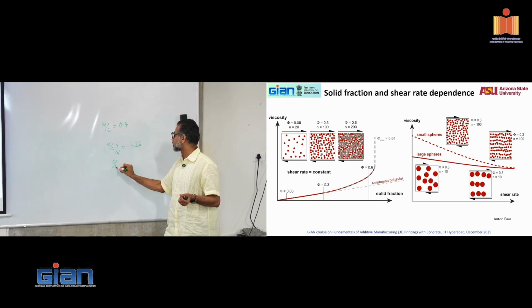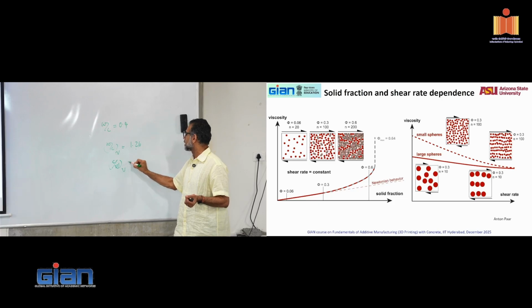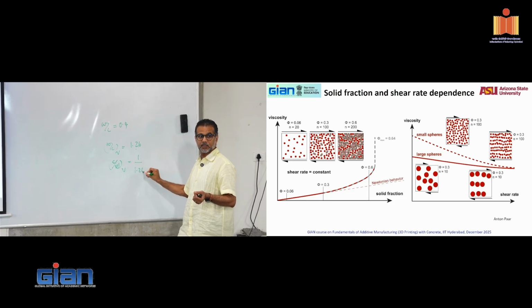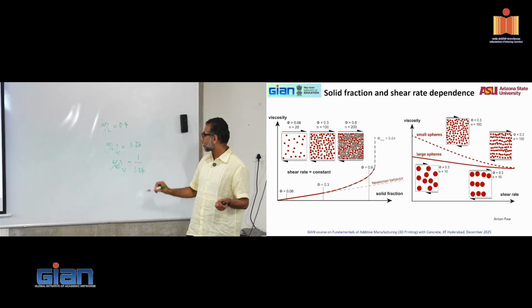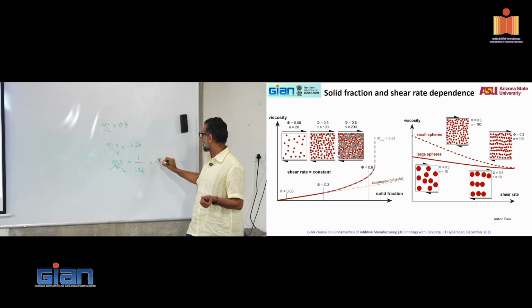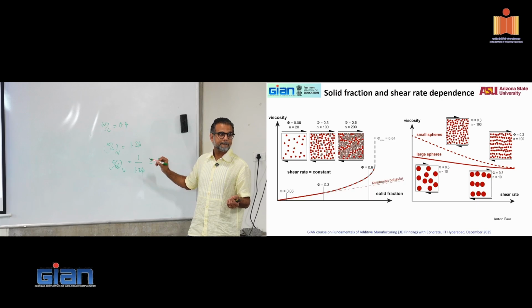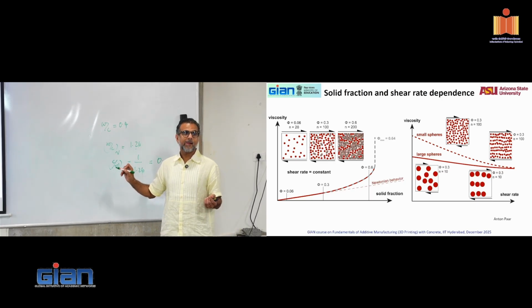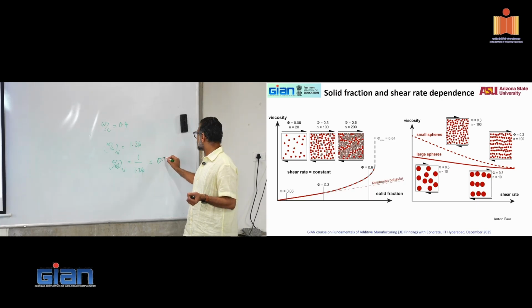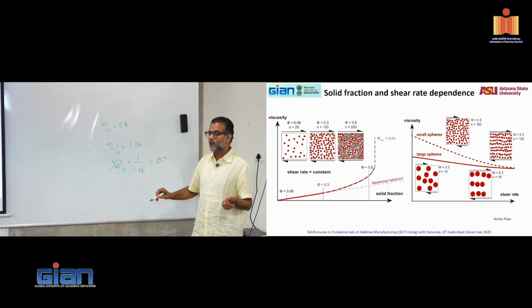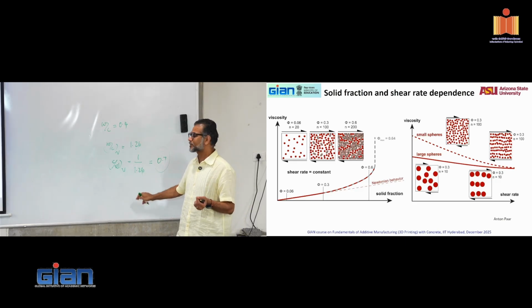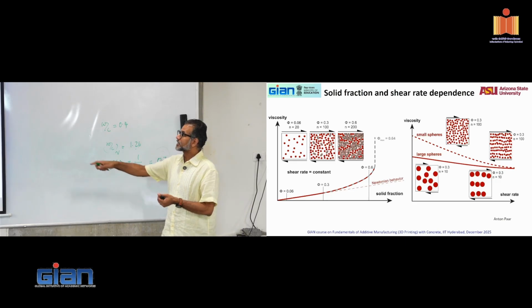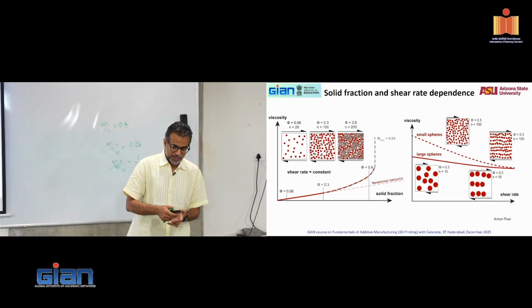So cement to water, or solid to liquid by volume, is 1 over 1.26. And how much is 1 over 1.26? 0.7-ish, whatever it is. It's 0.7, right? It is somewhere.